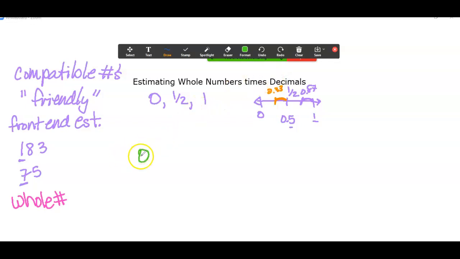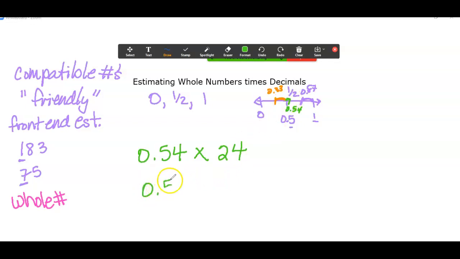So now I have 54 hundredths and I want to multiply times 24. Well, thinking about 54 hundredths, if I was going to put 54 hundredths on this number line, it would be super close right here to the 5/10. So I would say that this is definitely close to a half.